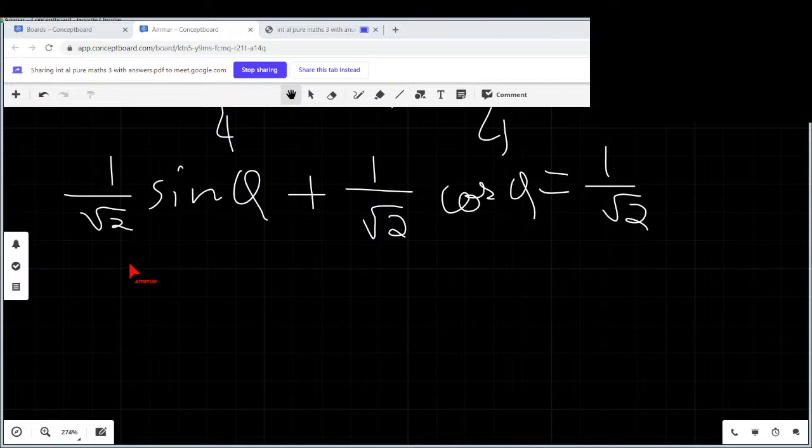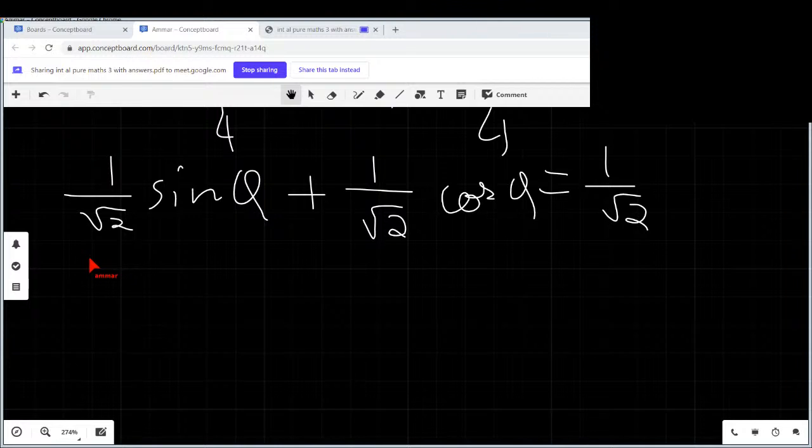For example, pi by 4 is 1 over root 2 for both sine and cos, right? So sine theta cos theta will give me 1 over root 2 times sine theta plus cos theta. That's already given.